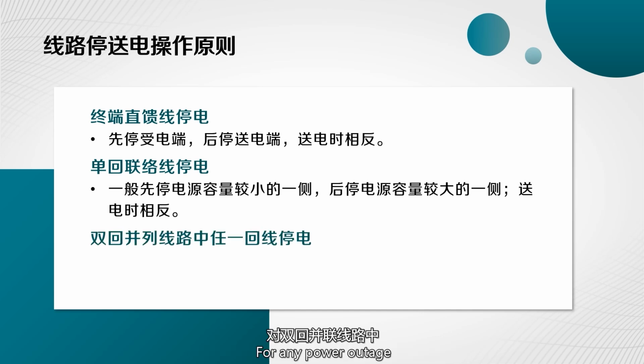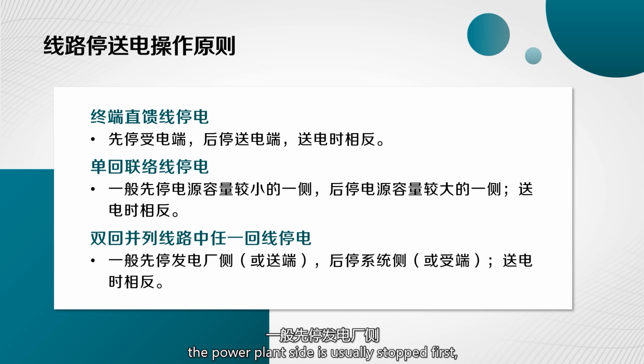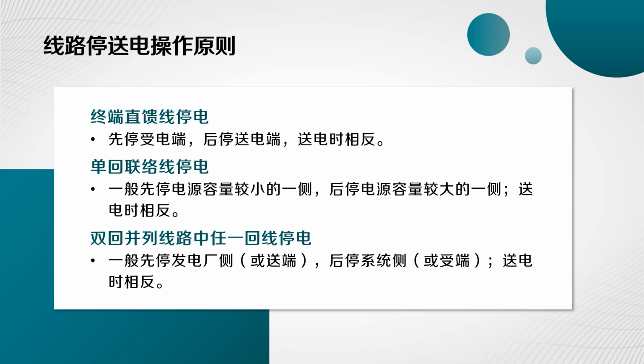For any power outage in a double circuit parallel line, the power plant side is usually stopped first, followed by the system side, and the power transmission sequence is reversed.